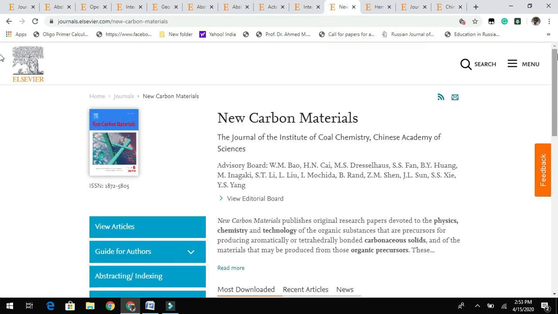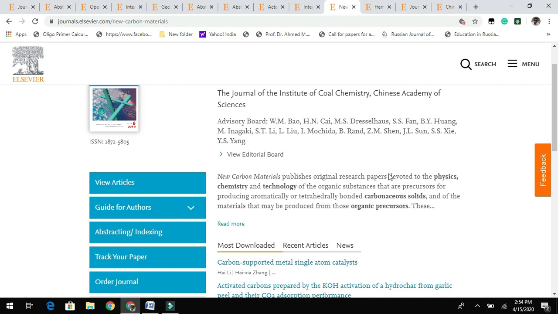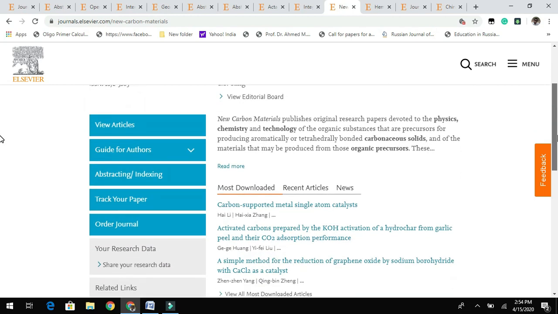So moving on to New Carbon Materials, the Journal of the Institute of Coal Chemistry and Chinese Academy of Sciences is offering a sponsorship for publishing in this journal. So here you can publish papers devoted to physics, chemistry and technology of organic substances that are precursors for producing aromatically bonded carbon related materials.